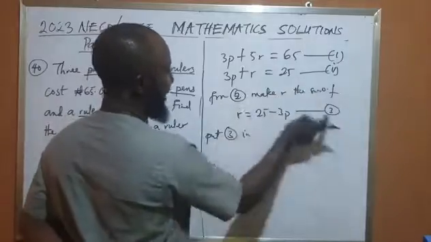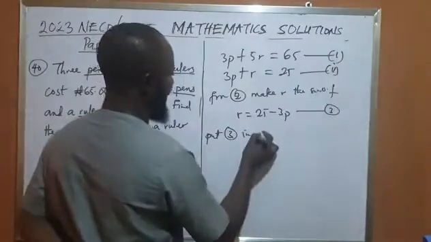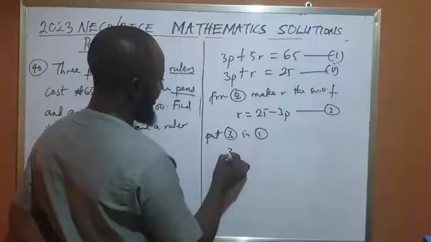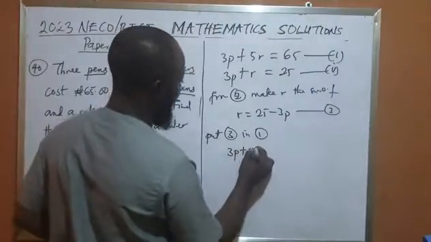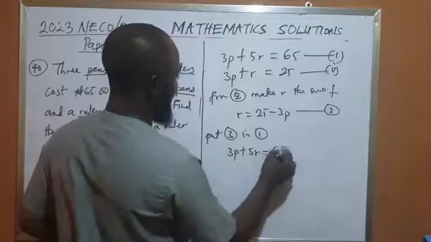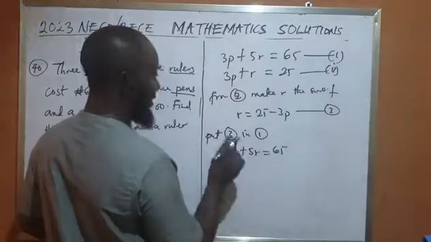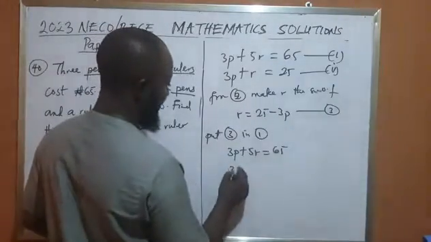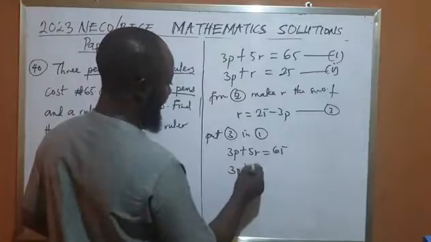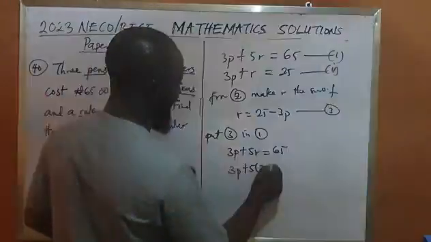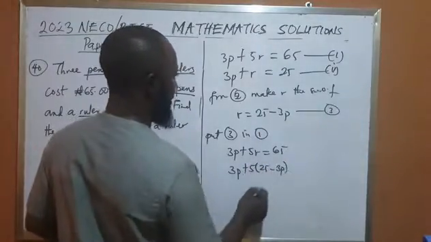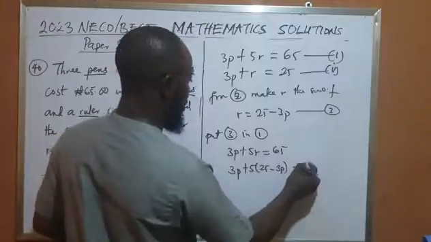Equation 1 is 3P plus 5R equals 65, so wherever we see R, we put this there. That is 3P plus 5 into (25 minus 3P) equals 65.